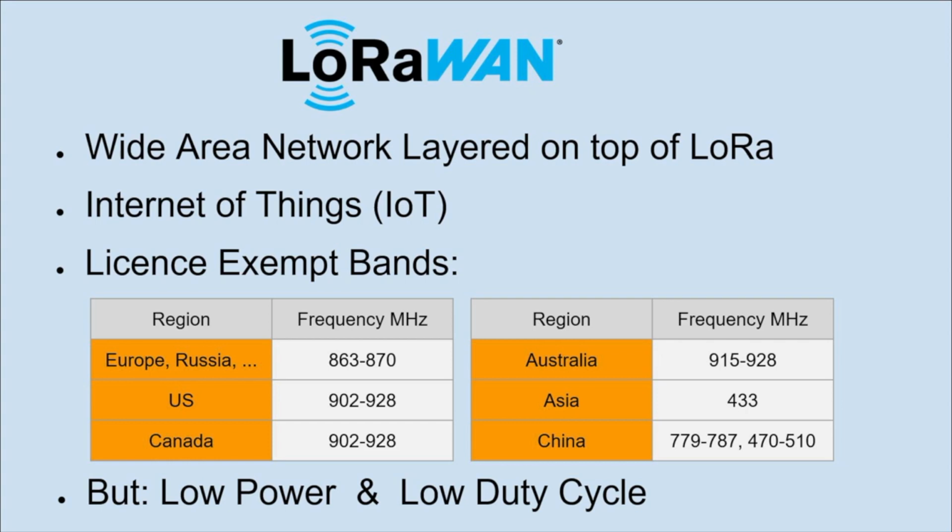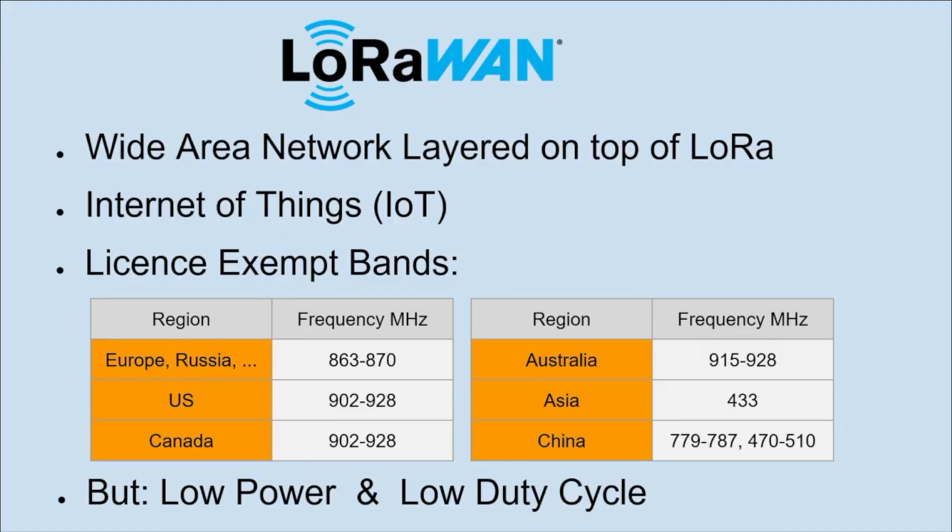It uses the license exempt bands, and typically the allocation is different in each of the countries. Obviously, due to being license exempt, it is low power and also low duty cycle. So you won't be transmitting huge amounts of data this way. It's really only suitable for short bursts of data.